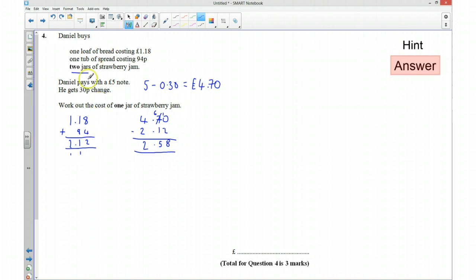So we want to know what 1 jar costs, so I now need to halve this number, so I need to do £2.58 and divide that by 2. So you can use a bus stop method if you want here.